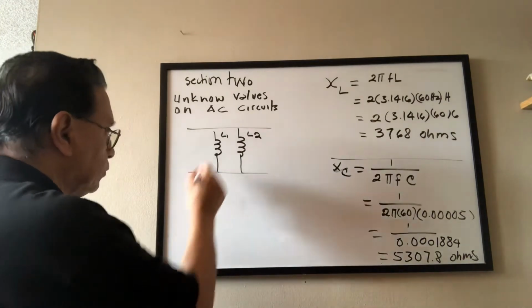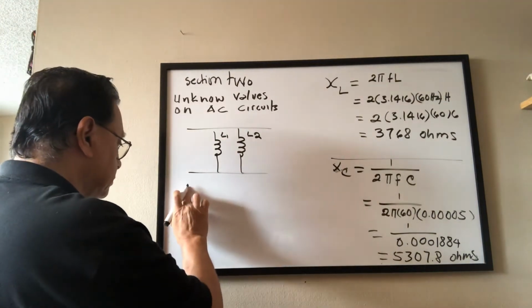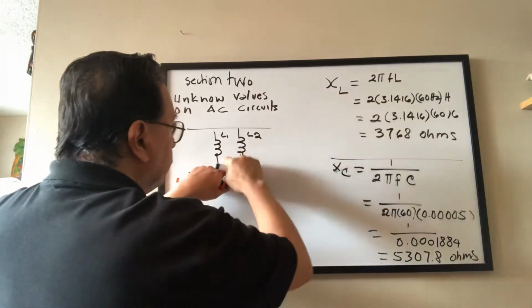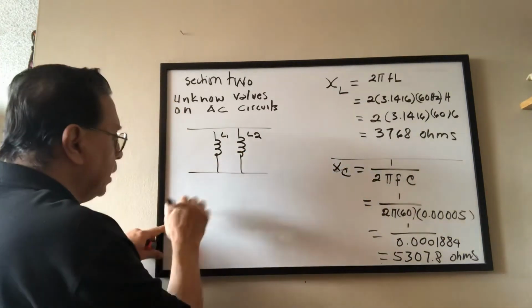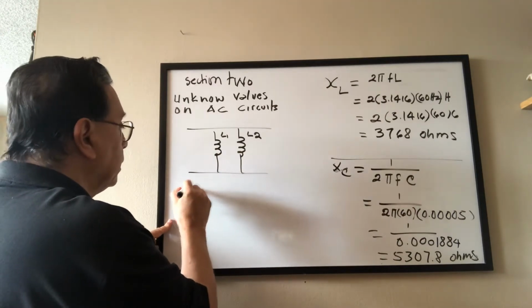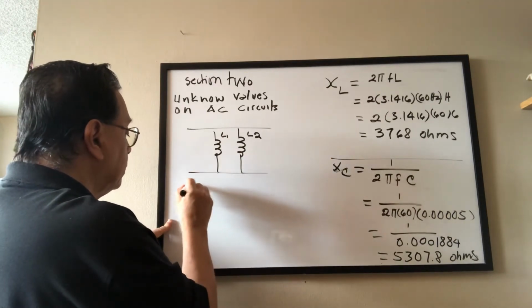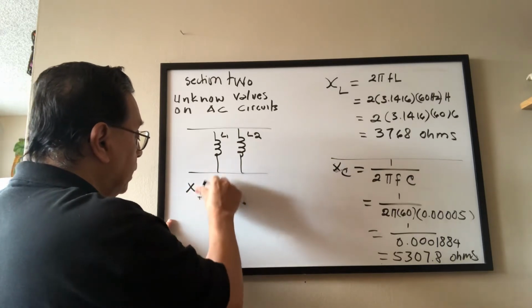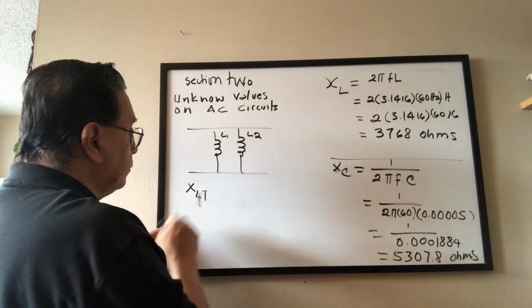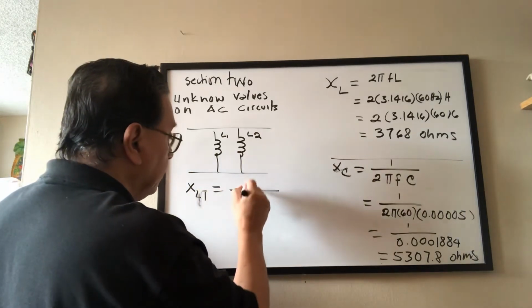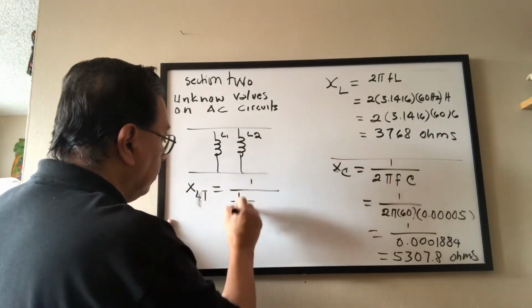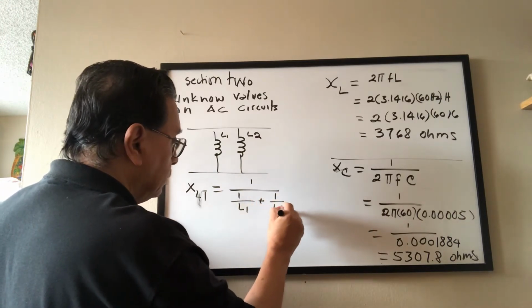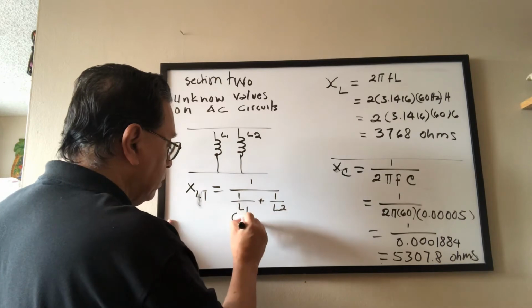First of all, you have to calculate the impedance in ohms of each of them, and then when you have that, you calculate the total inductance, which is equal to 1 divided by 1/L1 plus 1/L2. And here, keep in mind, these are ohms.